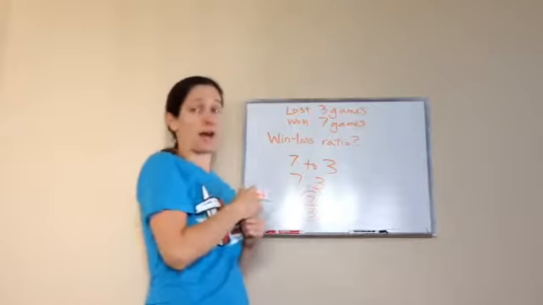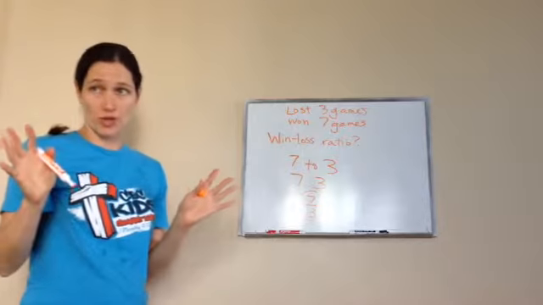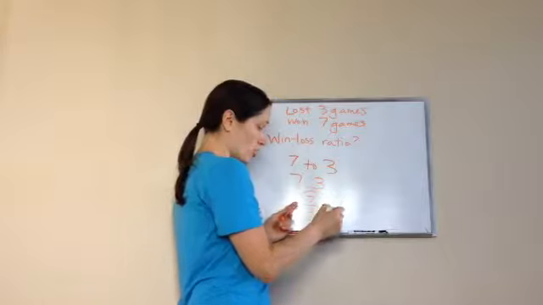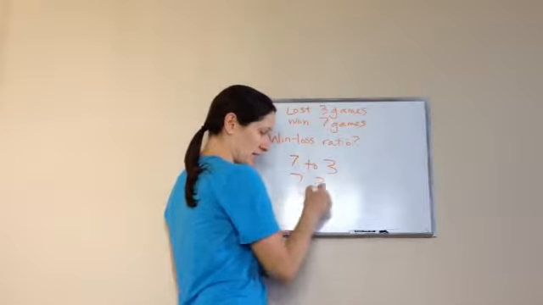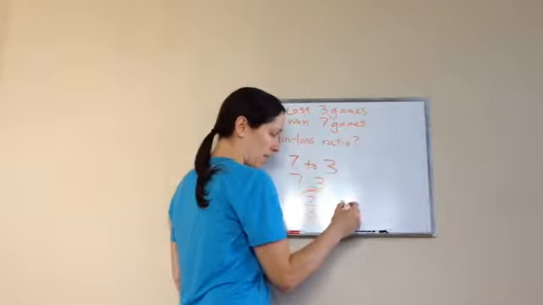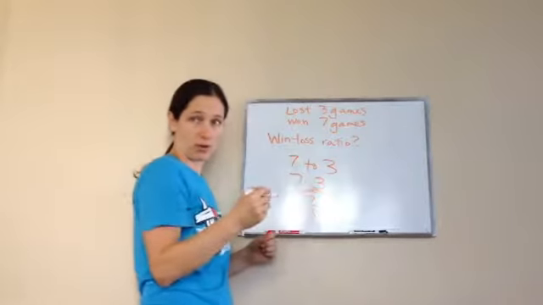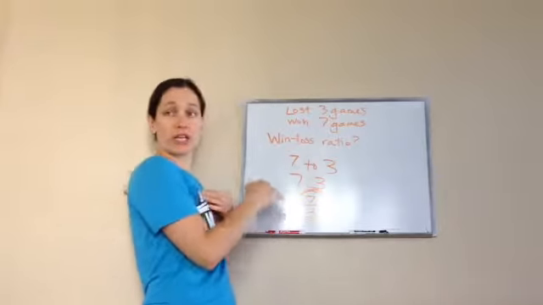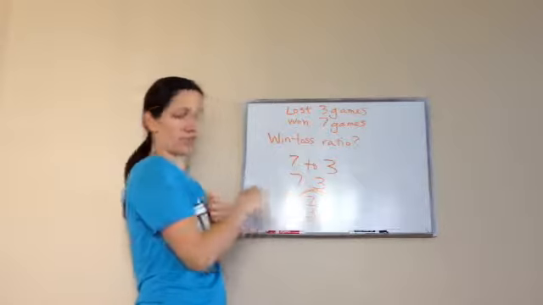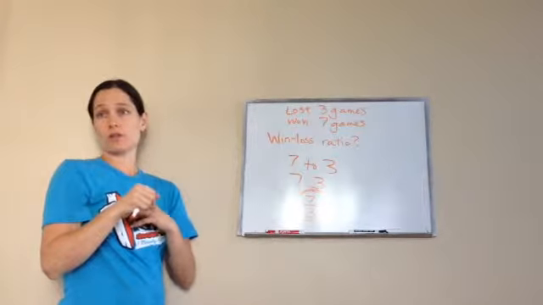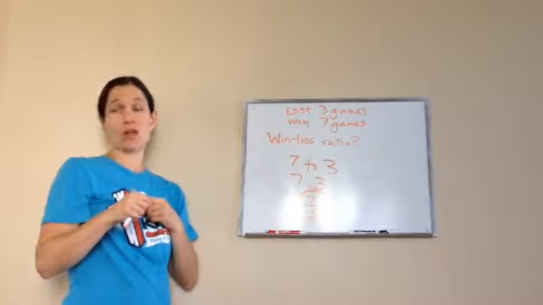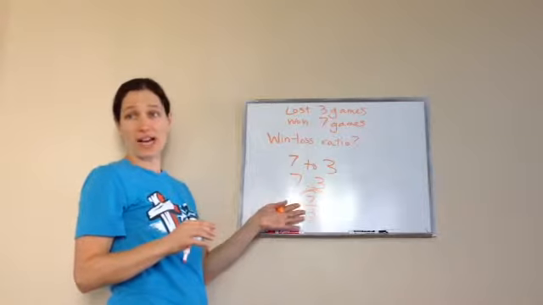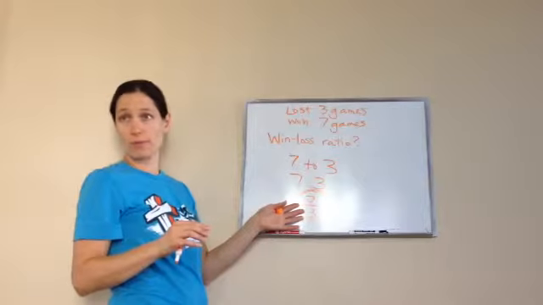7 over 3. Now, the most important thing you can realize about ratios is that you do not make this into a mixed number. Do you know what I mean by that? What's wrong with this fraction? The big number's on top. Yeah. You don't see ratios as fractions with big numbers or little numbers on top.